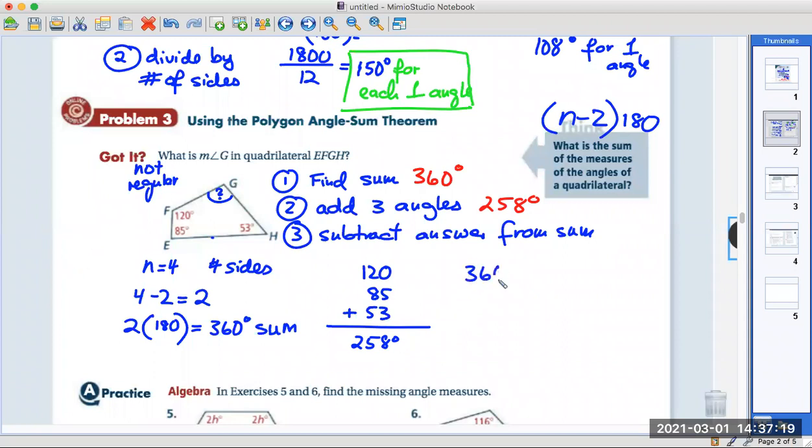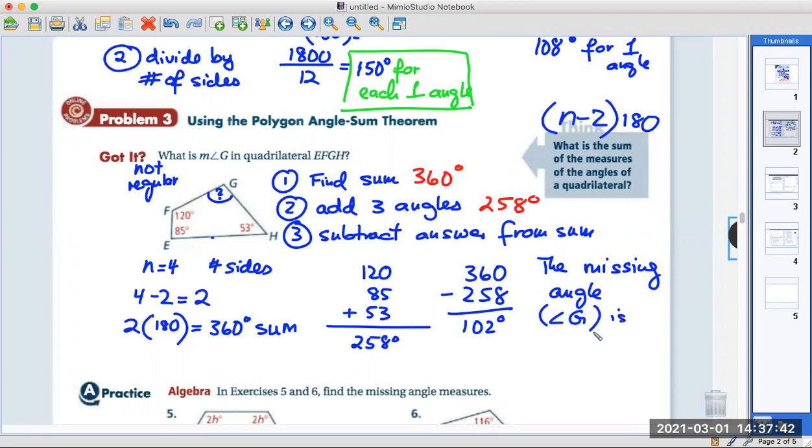So 360 minus 258 is 102 degrees. The missing angle, it's called angle G, is 102 degrees.